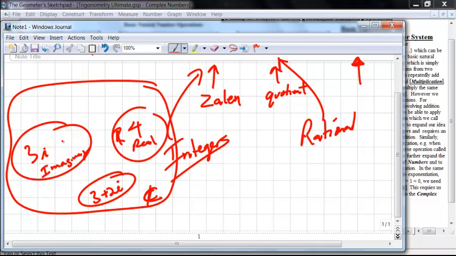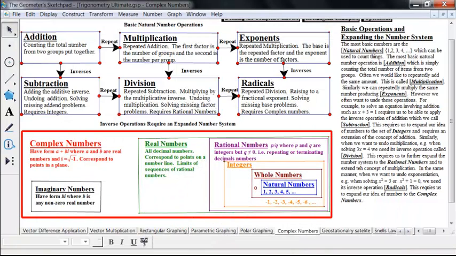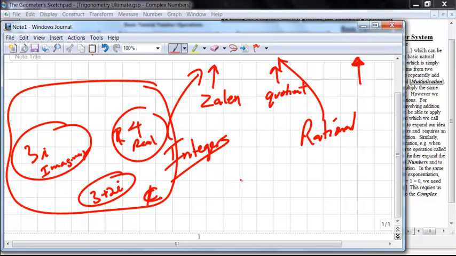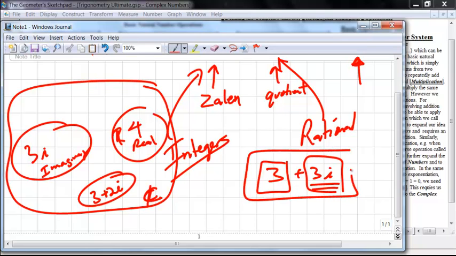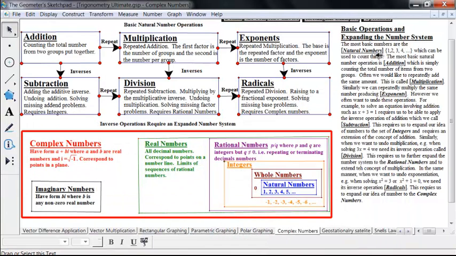So these are real, this is imaginary, and 3 plus 2i is neither real nor imaginary, but is complex. Unfortunately, I've seen some books call anything that has a non-zero imaginary part to be an imaginary number, but this part is the imaginary number. That's a real number, but when you put it together as a single number, that is a non-real, non-imaginary number.